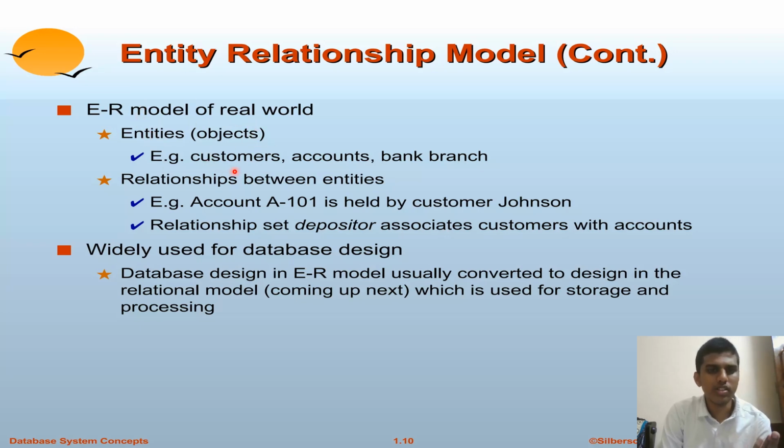Entities means objects such as customers, accounts, bank, branch. Relationship between entities means, for example, account A101 is held by customer Johnson. It's widely used for database design. Database design in ER model is usually converted to the relational model, which is used for storage and processing.